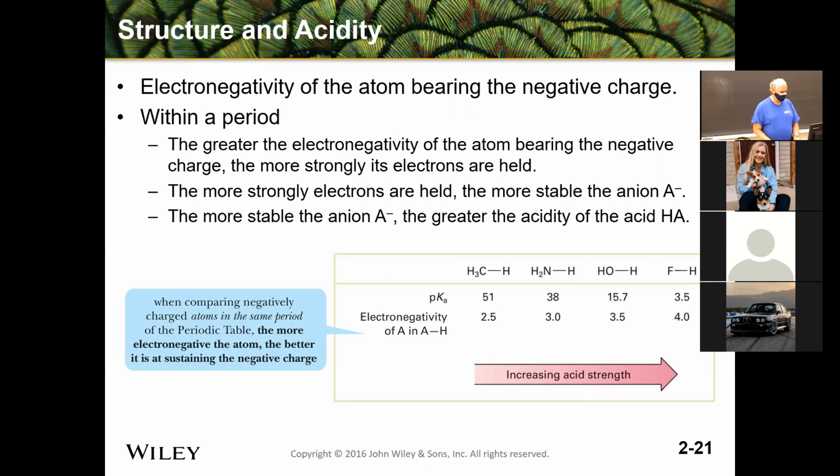So going across a row, as we go from CH4 to NH3 to OH2 to HF, the difference in electronegativity between that atom and hydrogen increases, so acidity increases. We could say the same thing for the next row: SiH4, PH3, H2S, and HCl. HCl would be the strongest, then H2S, and so on.